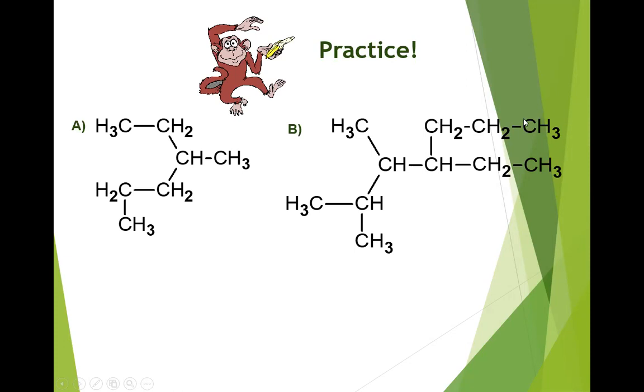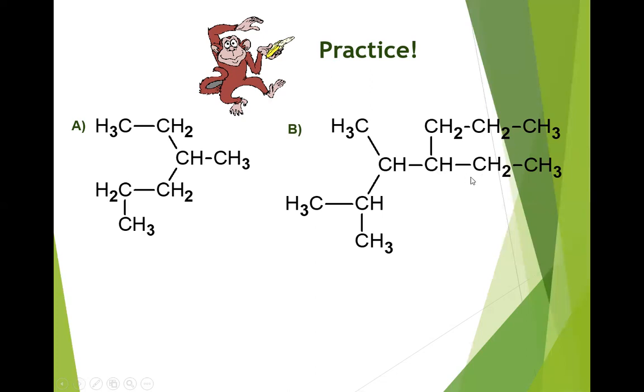That's heptane, right? So how many branches do I have? I have one branch here, I have two branches, and I have an ethyl branch over here. Remember, this is the first carbon, this is second, this is third. So I have 2,3-dimethyl already. So the ethyl group is on number what? 4.